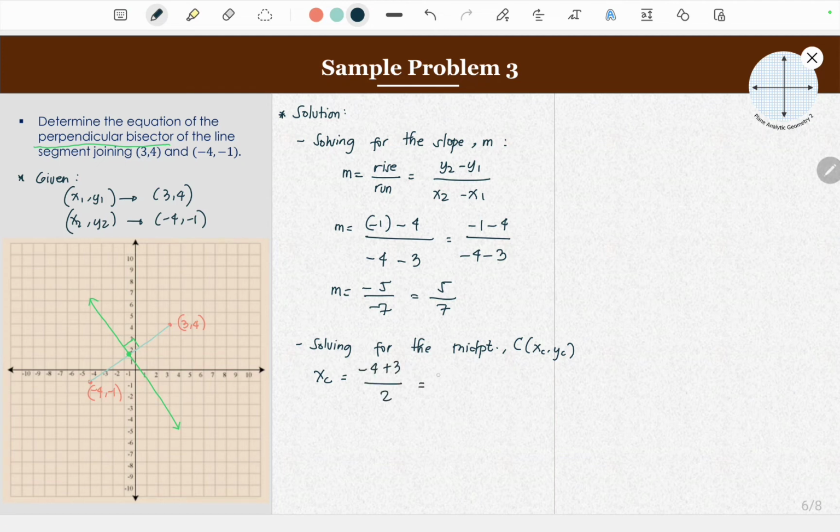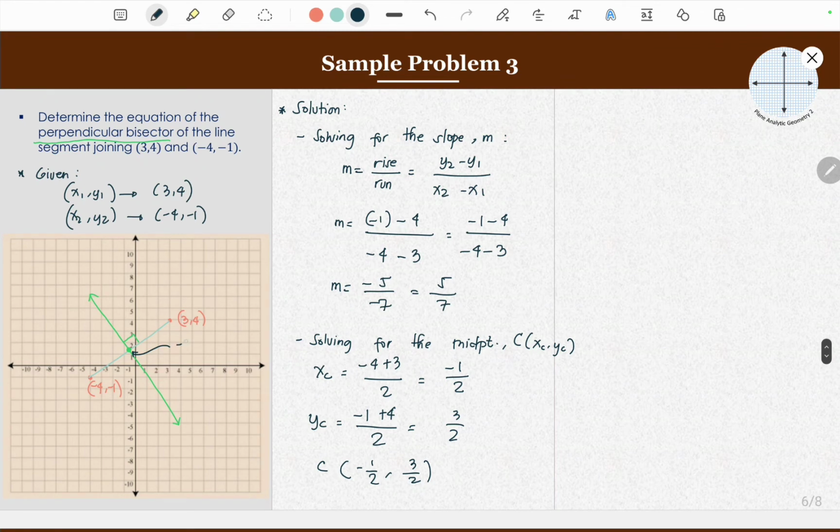So this is negative 1 over 2. So for the y coordinate of the midpoint, we have negative 1 plus 4 over 2, or this is 3 halves. Therefore, the midpoint is at negative 1/2, 3 halves. So this point here is negative 1/2, 3 halves. Okay?